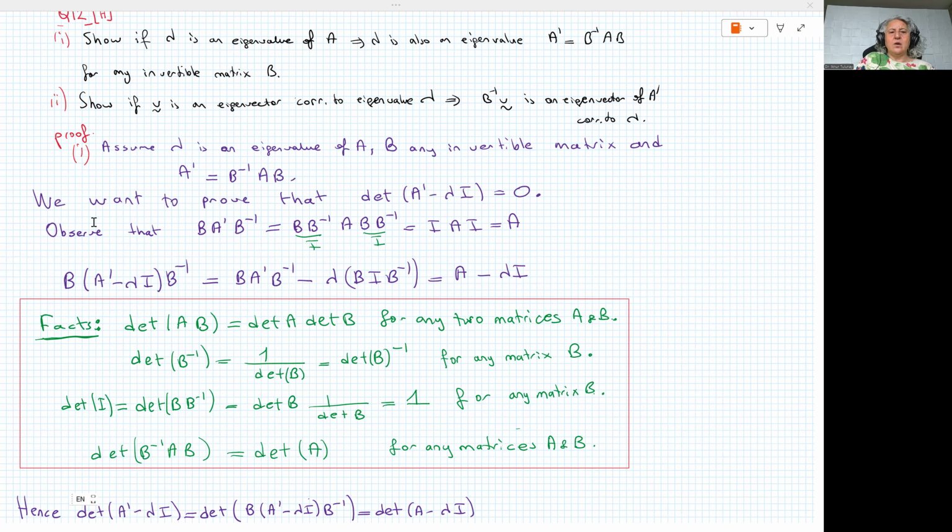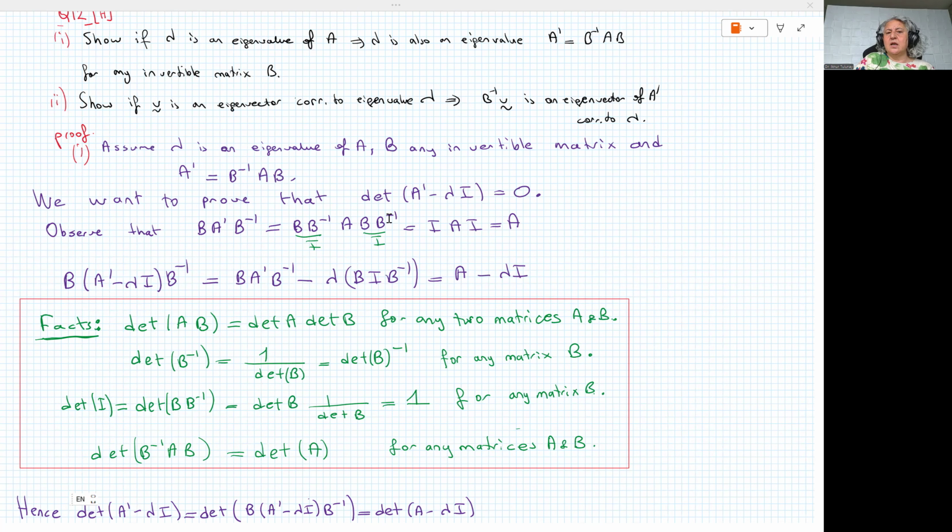Now, first observe that I can also rewrite A in terms of A prime. If I multiply this side by B from the left and by B inverse from the right, I get B A prime B inverse, and from the other side I get B B inverse A B B inverse.